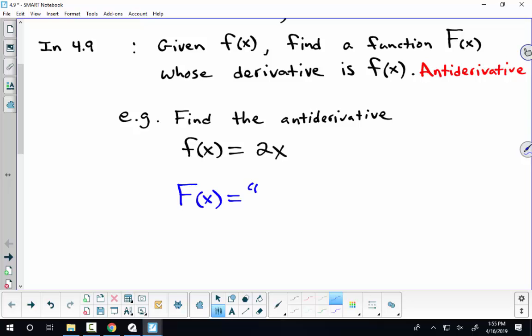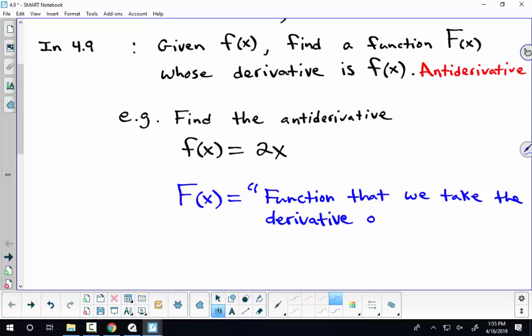The antiderivative is the function that we take the derivative of in order to get f of x equals 2x.